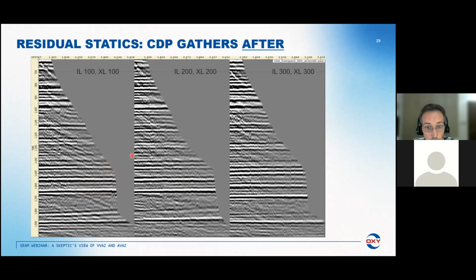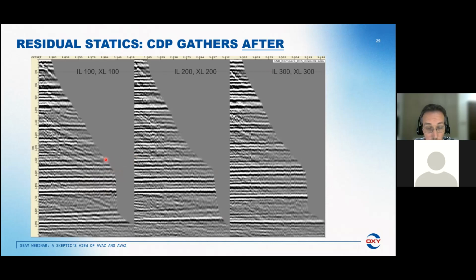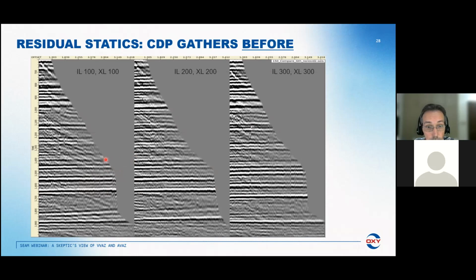Is that enough to cause a difference in the end result? We don't know yet. Perhaps the effect of the earlier statics, residuals, and the decon and the amplitude corrections, perhaps all of those combined are large enough to cause a difference.